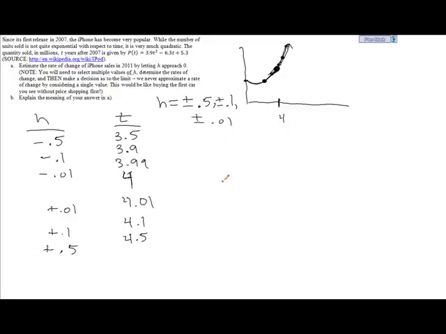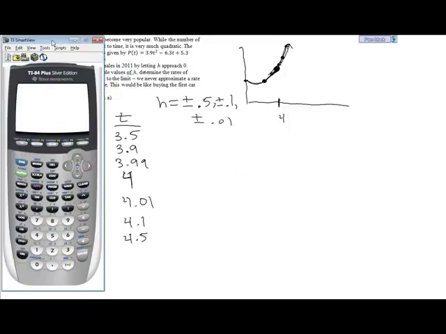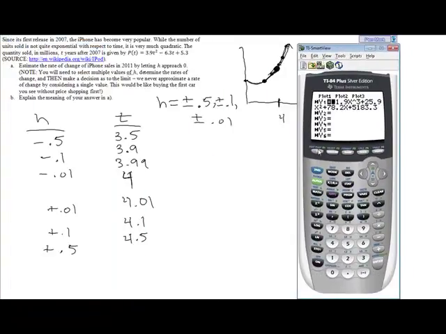Rather than do this by hand, we're going to enter this equation into our y equals screen. Clear out whatever you have in there, and we'll type in 3.9x squared minus 6.3x plus 5.3. Now we're going to use our vars button again as usual to find the rate of change between each pair.